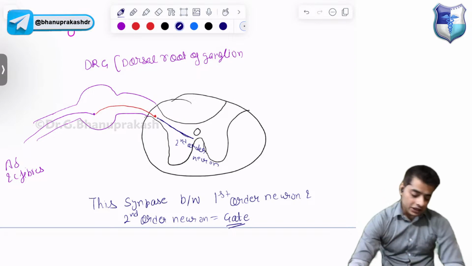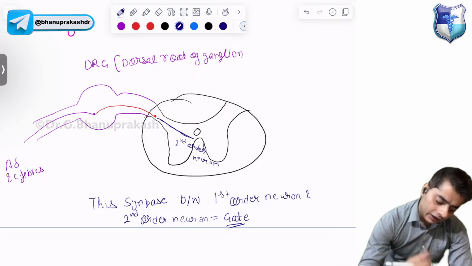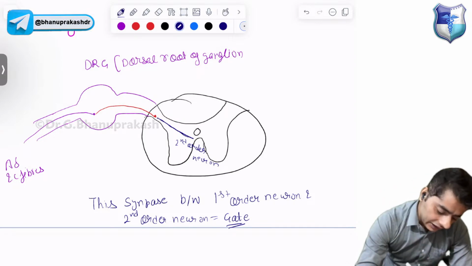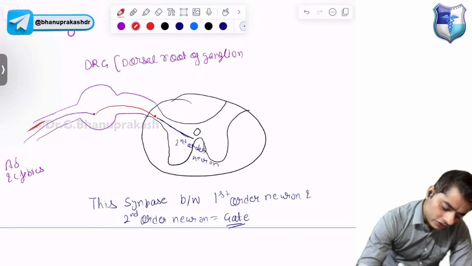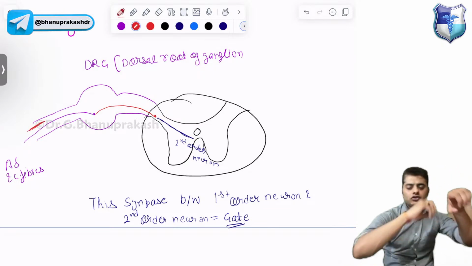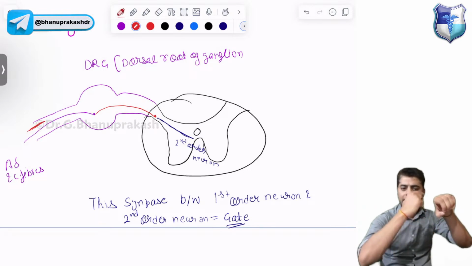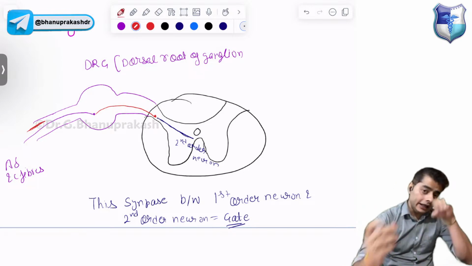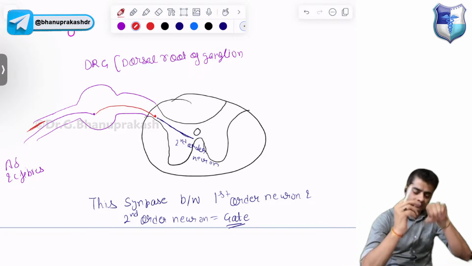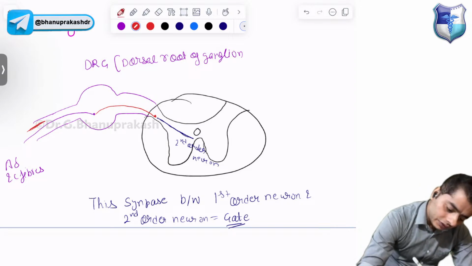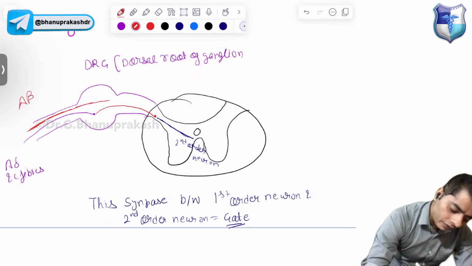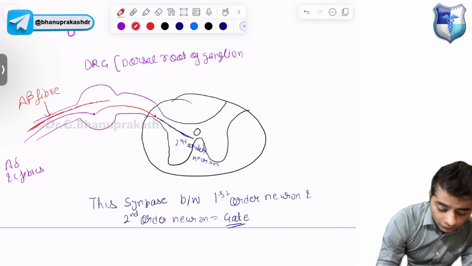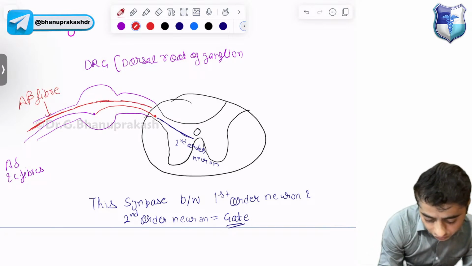Now, this is a nerve fiber. It contains all kinds of fiber: A delta fiber, C fiber, A alpha, and A beta. And A beta fiber carries touch. Now suppose this is an A beta fiber coming.